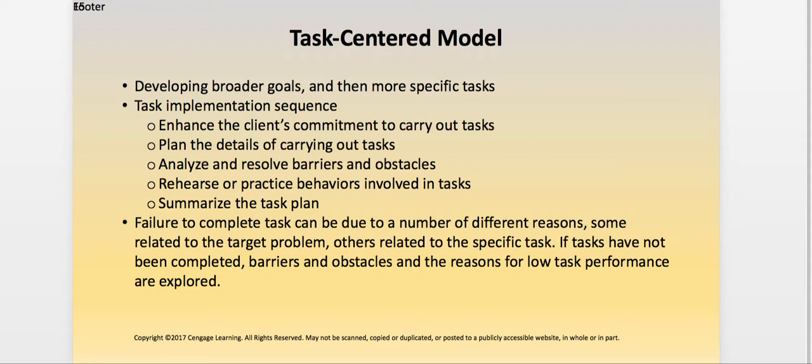But by and large, people trained in social work get this piece kind of inherently. If the client's not doing what the client said he or she was going to do, you don't just say, you need to do this, or whatever, you give up. You try to find out what's stopping, what's the barrier, and then you work to help the client overcome those barriers, whatever they may be.